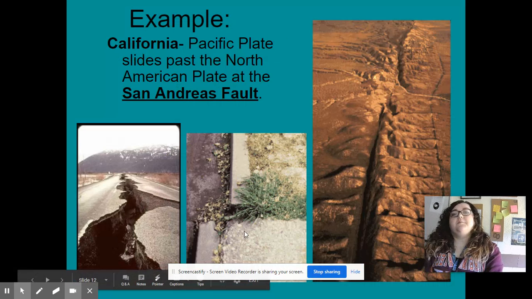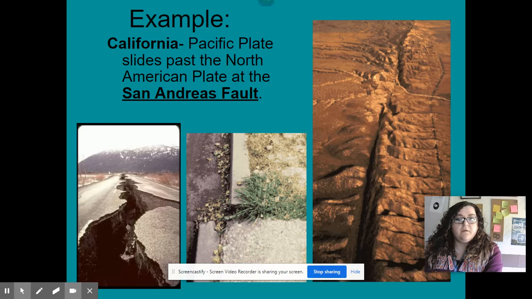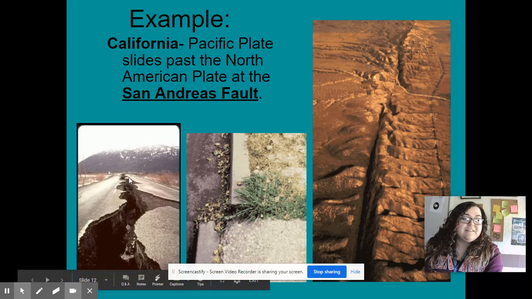So one example is in California, where the Pacific Plate slides past the North American Plate, and it's called the San Andreas Fault. So this type of boundary is normally referred to as a fault line, and it basically wreaks havoc for anything that we build next to it. Like roads that are near this, whenever it starts to move, they're destroyed.